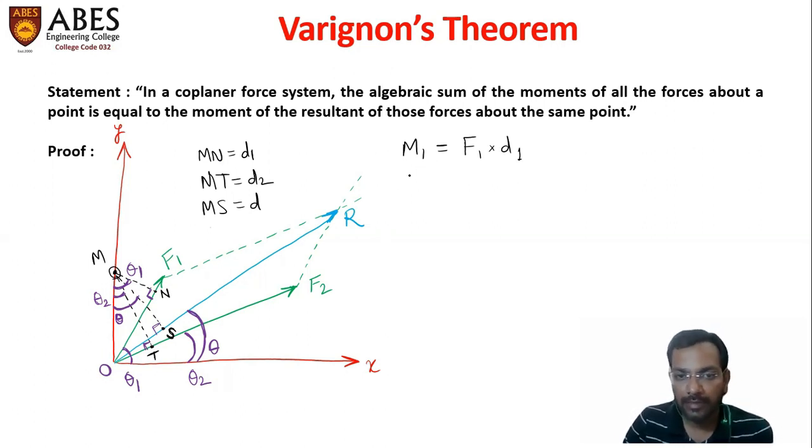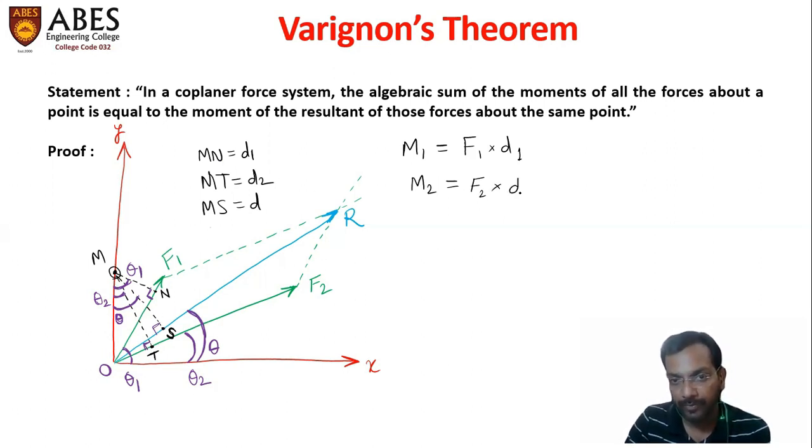Now, let's find out the moment of the second force, and let's write this moment as M2. M2 is equal to F2 multiplied by MT: force multiplied by the perpendicular distance. So F2 multiplied by MT. What is MT?